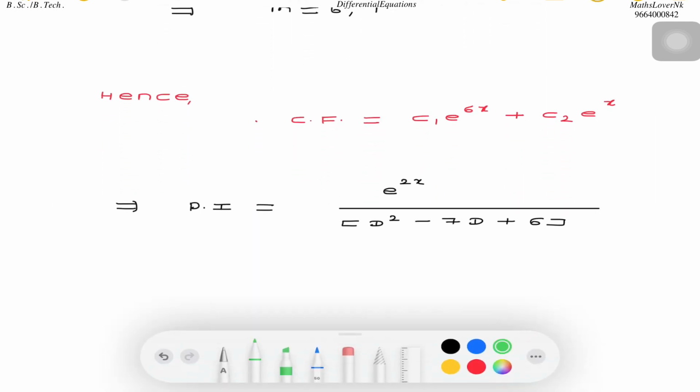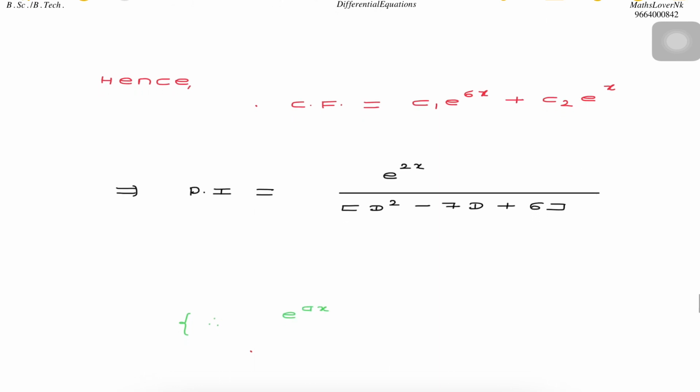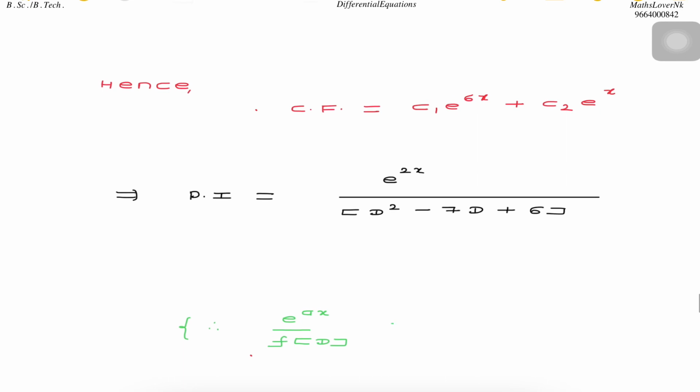The identity says that if e the power ax is in the numerator and a function of D, f(D), is in the denominator, then it is written as e the power ax upon f(a). f(a) stands for function of a.